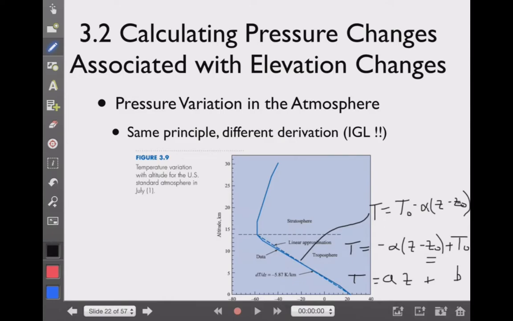So given that we can make this approximation, let's take a look at how we apply the hydrostatic equilibrium equation to the atmosphere. So we've got dP/dz equals minus gamma, but we know gamma equals rho g, and that's a problem because our density depends on temperature and pressure.